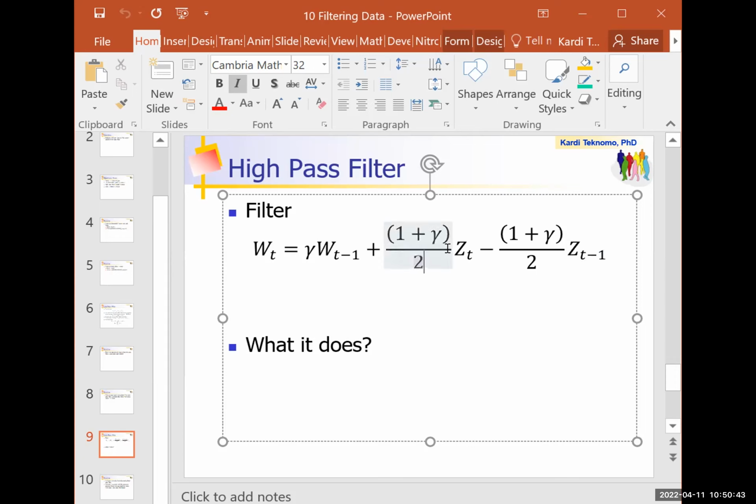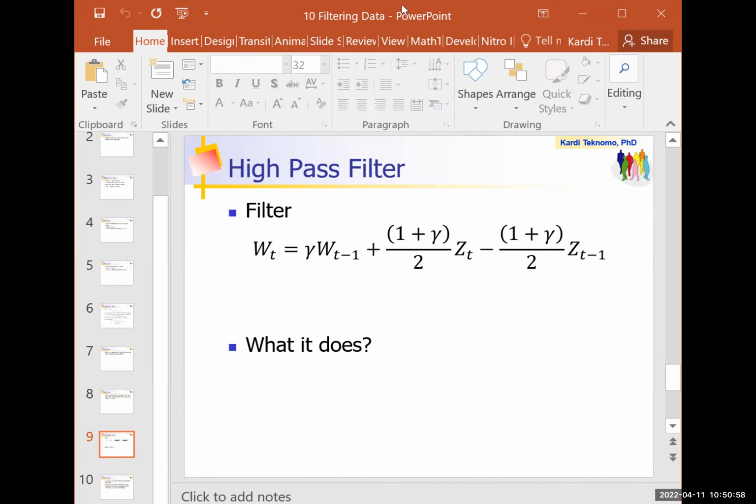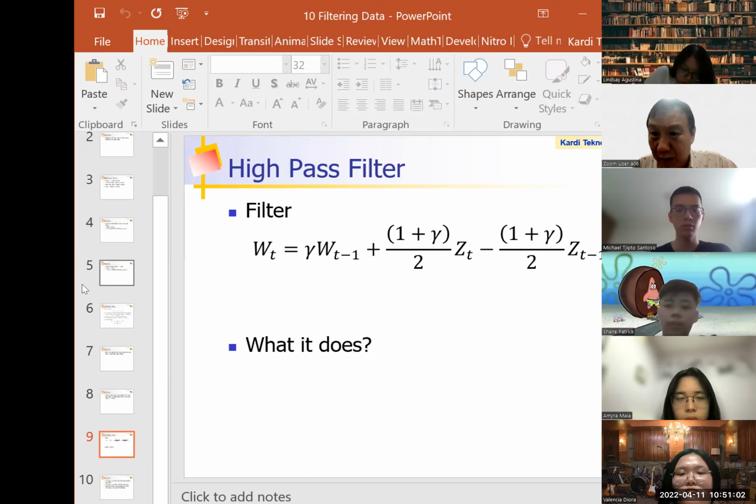So Z is the data. That means Z_t minus 1 means the previous data, so one row before. Is this something that you are confused about? Yeah, that much is clear, sir.